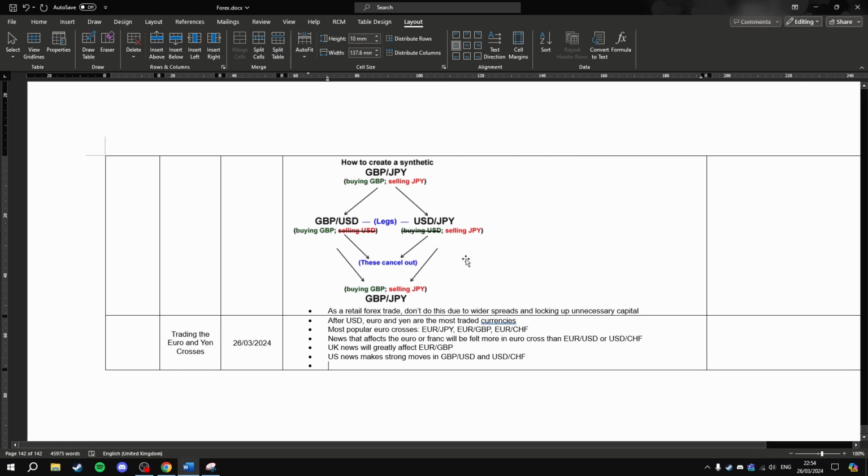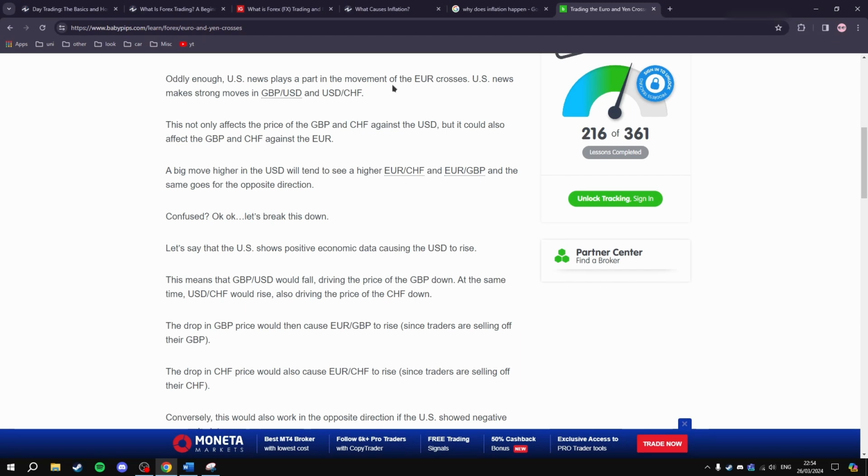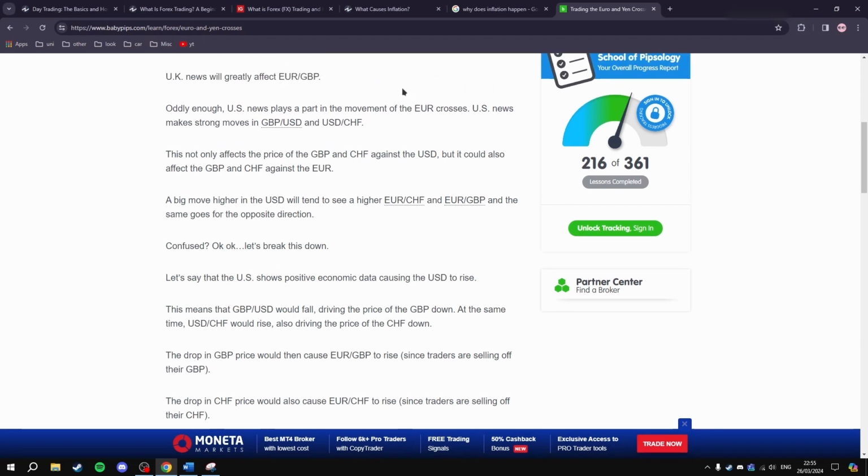Well, yeah, because they've all got euros, USDs in them, so US news is obviously going to make a difference to these currency. They're not crosses to these major pairs, I guess.